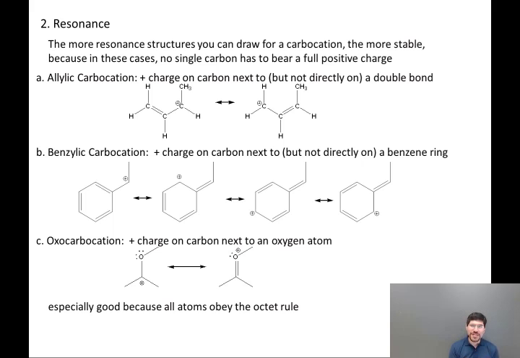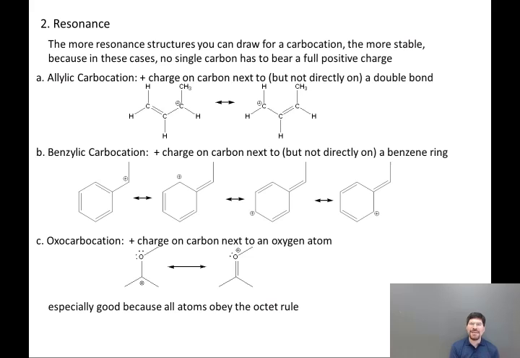This particular stabilized carbocation is especially good because all atoms are obeying the octet rule. Remember that the oxygen, even though it has a positive charge, still has 8 electrons around it. So in this second major resonance structure, there are no atoms that have only 6 electrons around them.